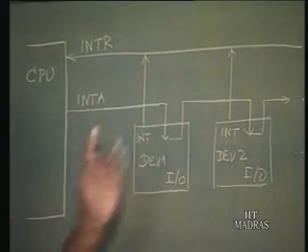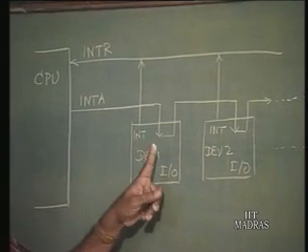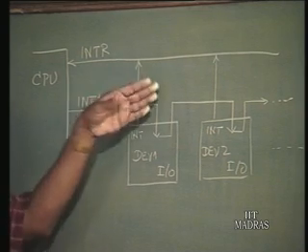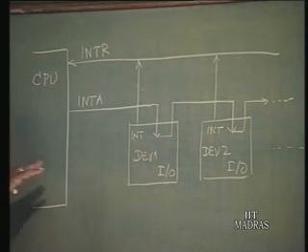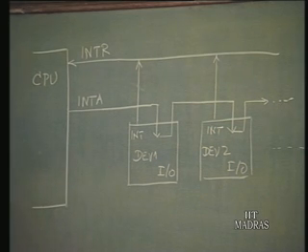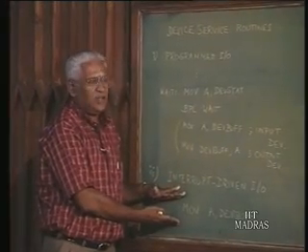Now, both are ready, and since the CPU says that this is ready, this IO device will send a code over the data bus and identify itself as its service program is from such and such. The service program is essentially moving the data.